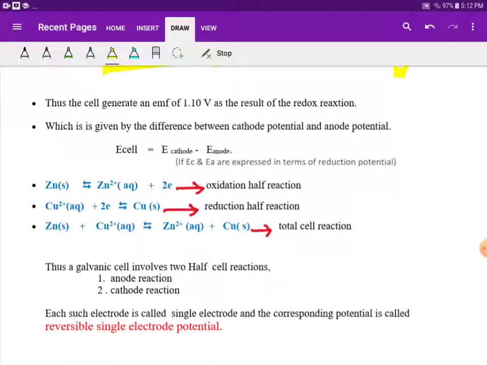Thus, the cell generated an EMF of 1.10 volt as a result of the redox reaction, which is given by the difference between cathode potential and anode potential, that is E cell equals E cathode minus E anode, if E cathode and E anode are both expressed in terms of the reduction potential. Single electrode potential is generally expressed in terms of reduction potential. That aspect is also discussed later.